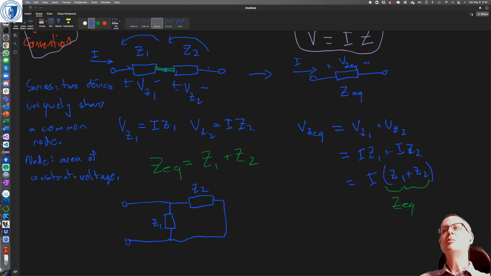Okay, so now let's think about what parallel is. Parallel is two, or sometimes more, but two devices are connected between the same two nodes.